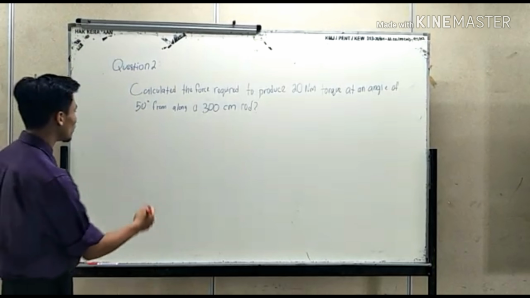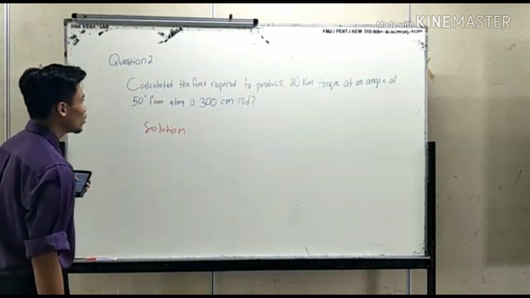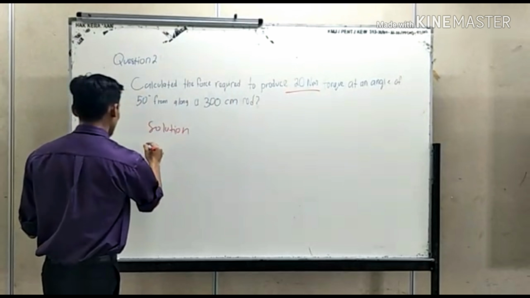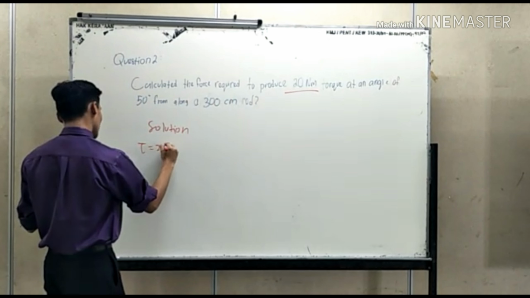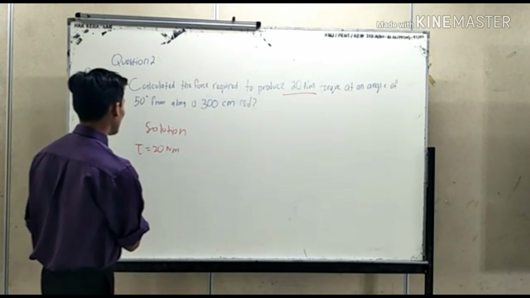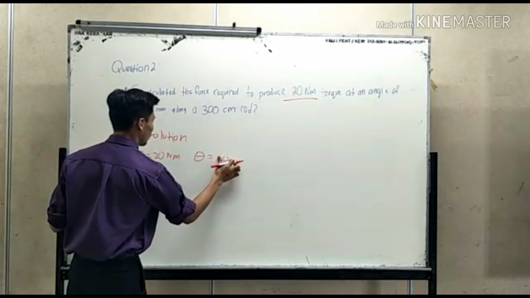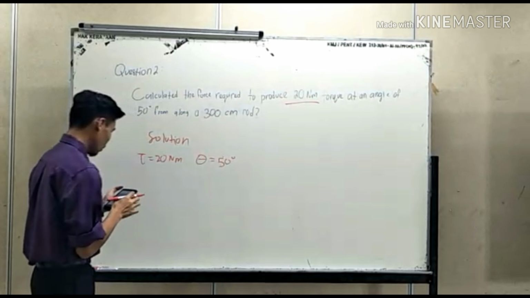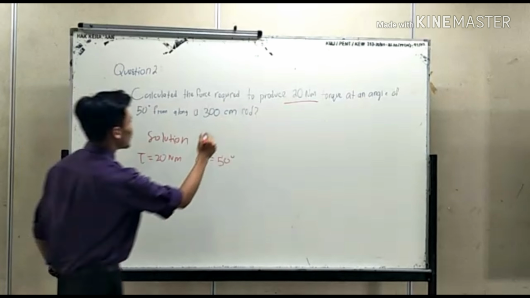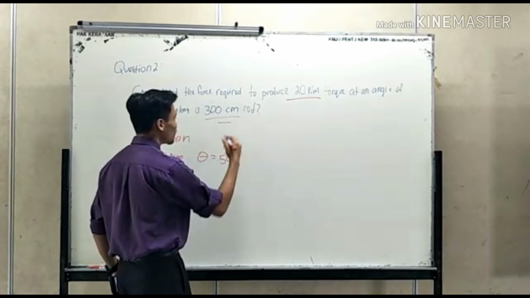So for this solution, we are given the torque, 20 Newton meters, and theta, 50 degree, and the distance, that means R, 300 centimeters, to convert to meter.